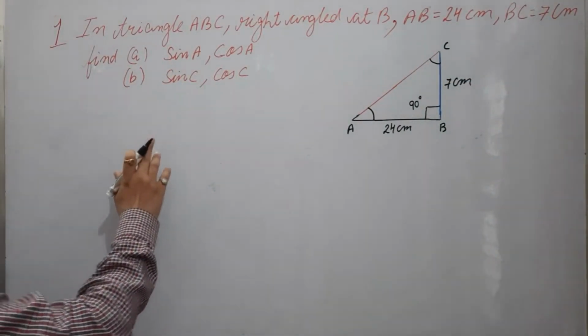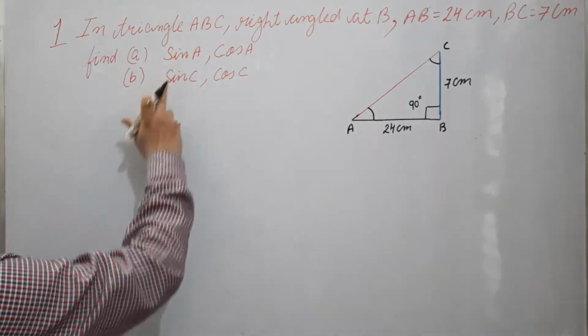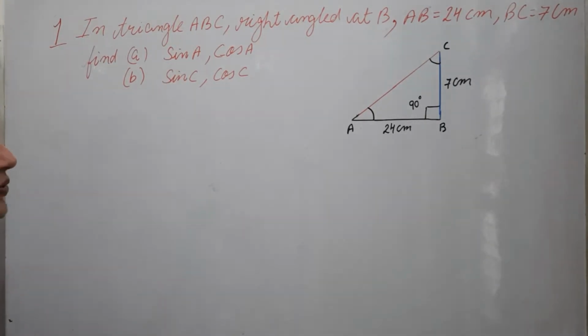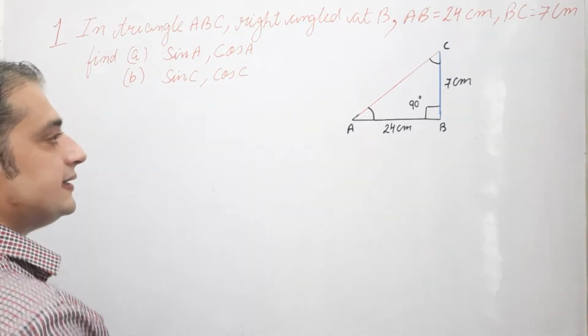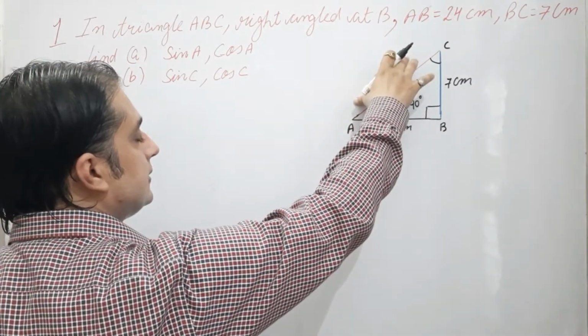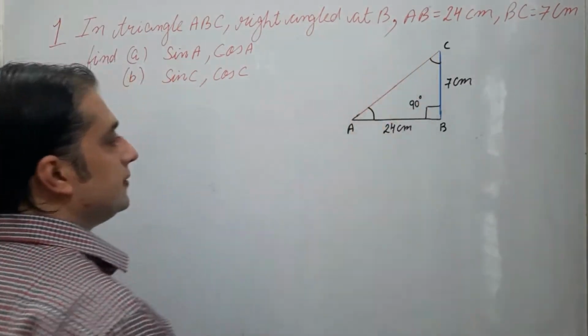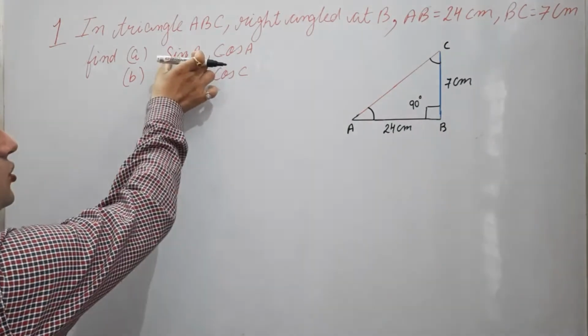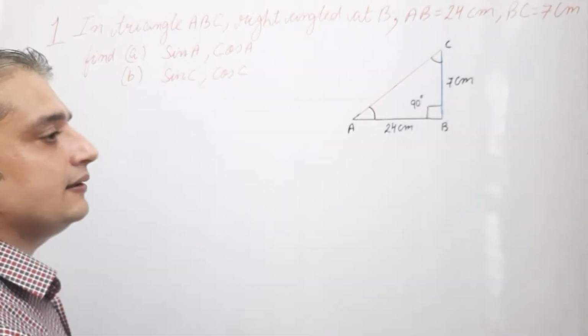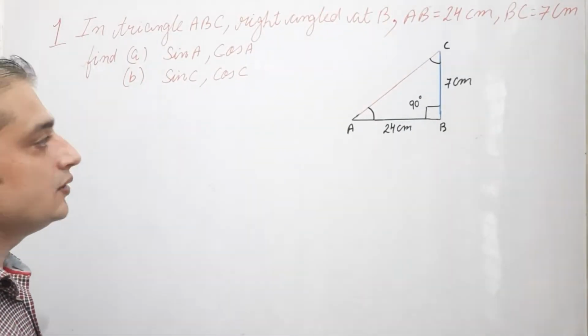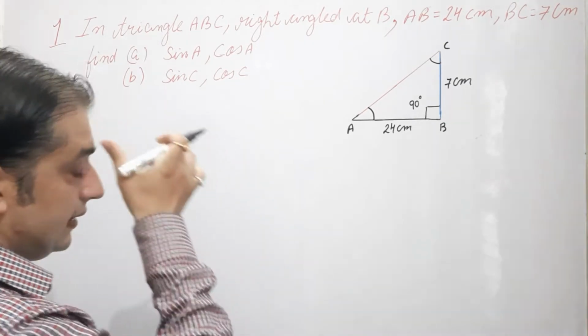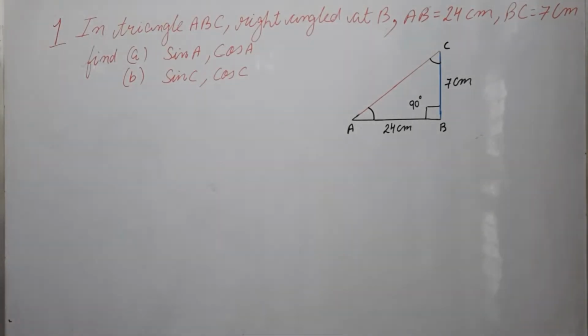For finding the T ratio sine of angle A, you need the length of the third side, because sine requires the perpendicular and the hypotenuse.